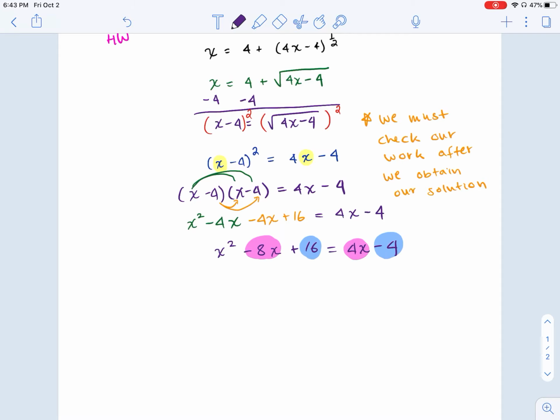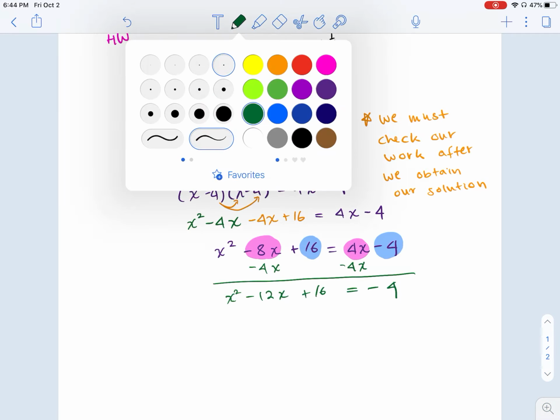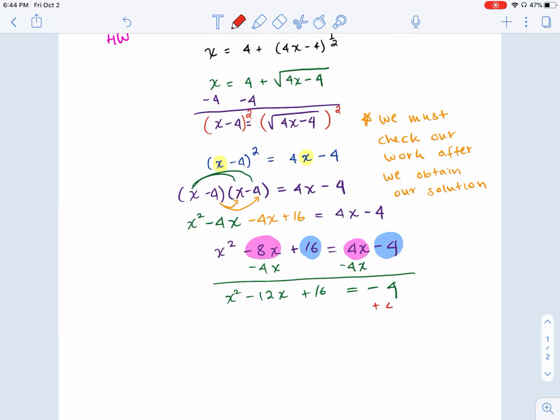So let's first get this 4x and subtract it so that it goes to the left. So I have x squared minus 12x plus 16 is equal to negative 4. And then I'm going to get rid of the negative 4 by moving it to the left side, so I have plus 4 on both sides. So I have x squared minus 12x plus 20 is equal to 0.